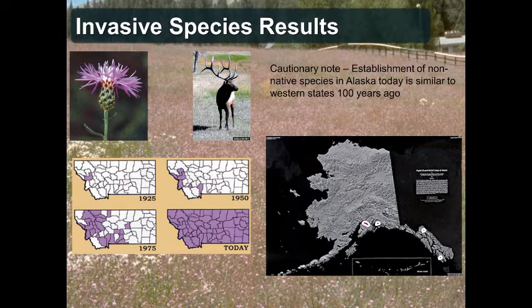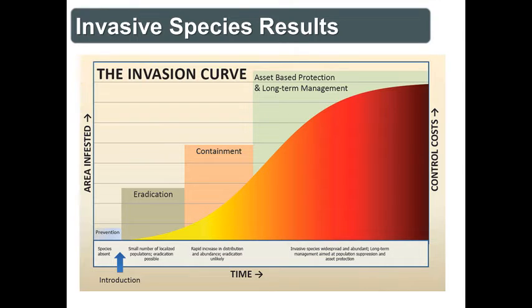And Alaska today only has half a dozen or so of these spotted knapweed infestations. So we don't want to see that in 100 years from now, Alaska having all regions of the state with this species. I don't think spotted knapweed is one that we have to worry about, but certainly other species are.